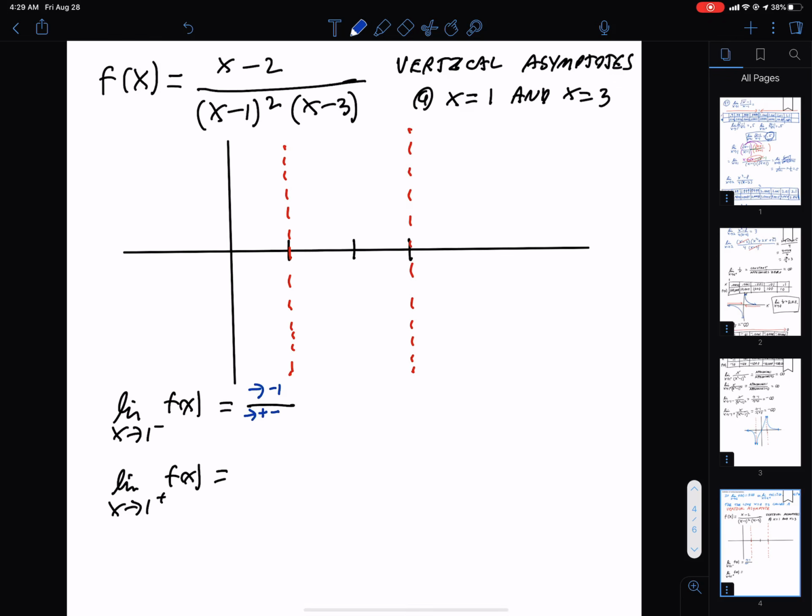That's going to be negative. But we're still approaching 0 because this is approaching 0. So if you look, the top is negative, a plus and minus on the bottom would be negative, and a negative divided by negative is a positive. So that's going to be positive infinity.